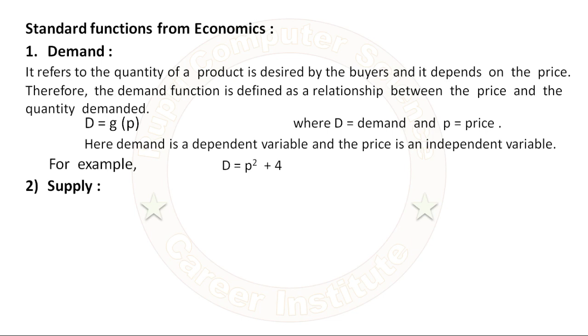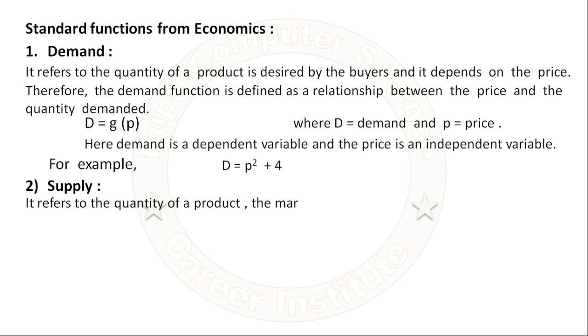Supply function refers to the quantity of a product the market can offer. Supply is in the market, no? Therefore, it refers to the quantity of product the market can offer, and it depends on the price.